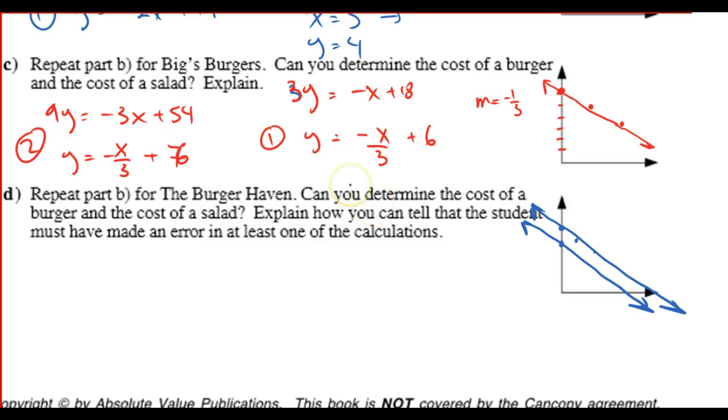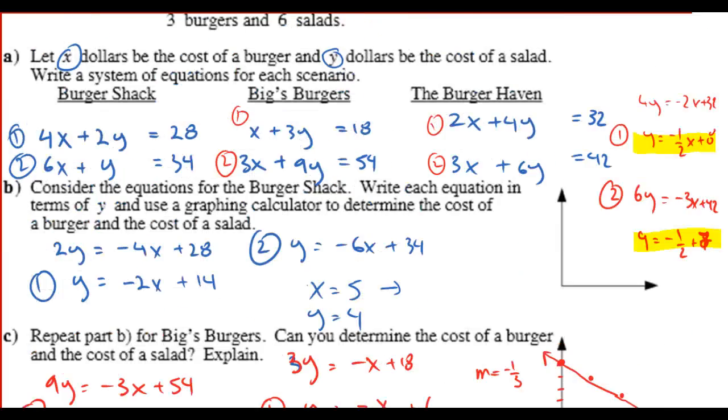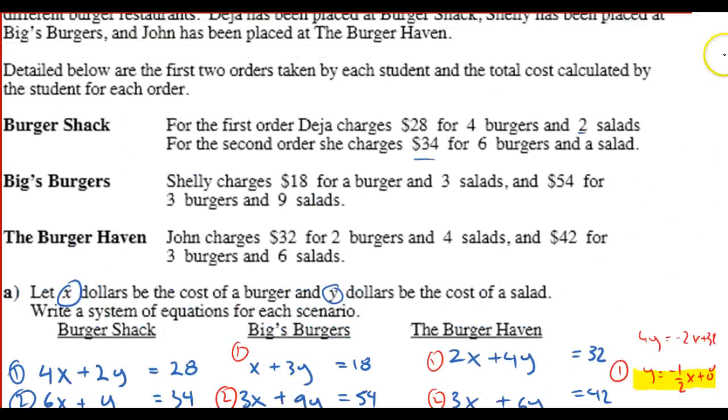Well, you can't actually determine the cost of the salad or the hamburger because these lines are parallel and there isn't a solution. So when you have parallel lines, you can't get any solutions. What this is telling you is that this student must have made a mistake somewhere when they were doing their bill, charging their customer, because this won't make sense. $32 for 2 burgers and 4 salads, and then $42 for 3 burgers and 6 salads doesn't make any realistic sense.